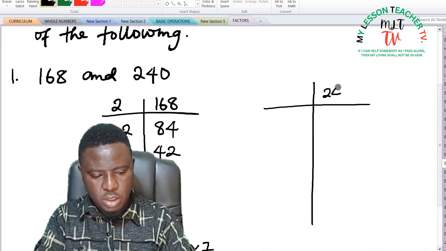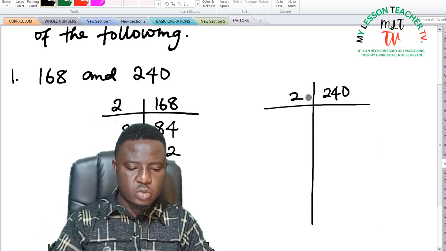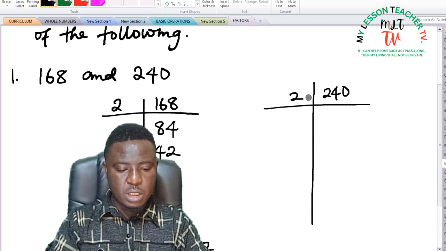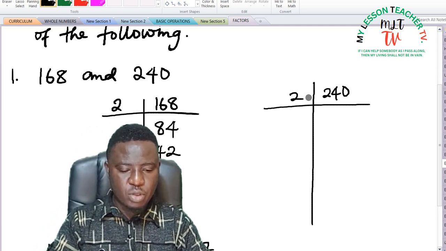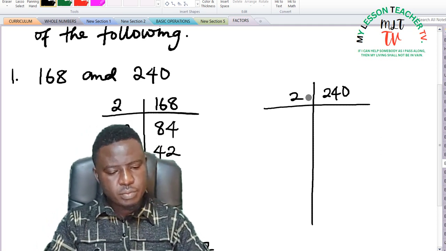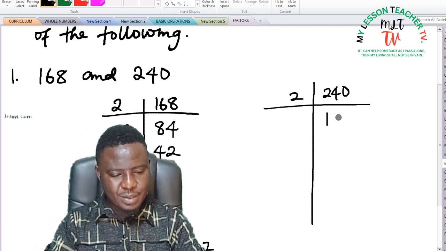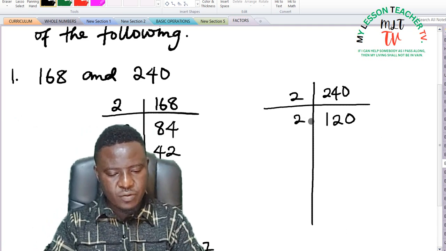We are going to do the same to 240. So you also divide 240 repeatedly. 240 is divisible by 2 because the last digit is divisible by 2. So 2 into 2 is 1, 2 into 4 is 2, and 0 is 0. 2 can still divide.